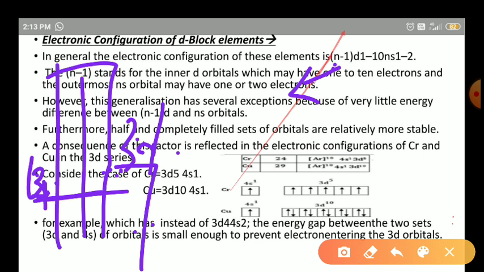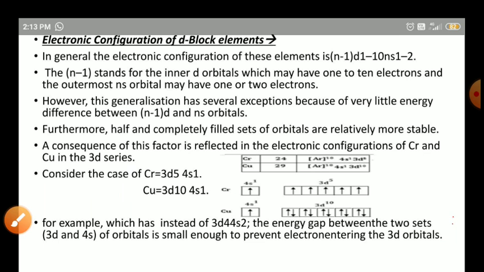That's why n minus 1: n stands for the period, the fourth period, and the third group's electron is present in the d orbital. Is it clear?